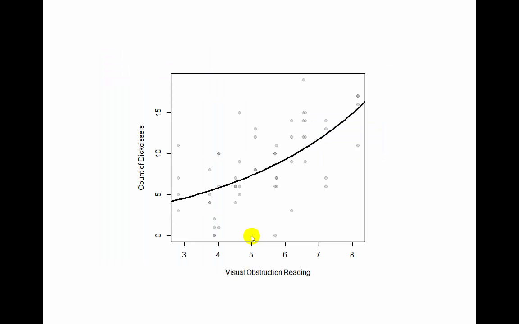So let's take a look at doing this sort of by hand using the GLM data set of the counts of dickcissels that Andrea Hansen recorded in her field plots. What we had in our final model was that dickcissels increased with the visual obstruction reading, and that there was an interaction between the visual obstruction reading and the second principal component of the landscape.